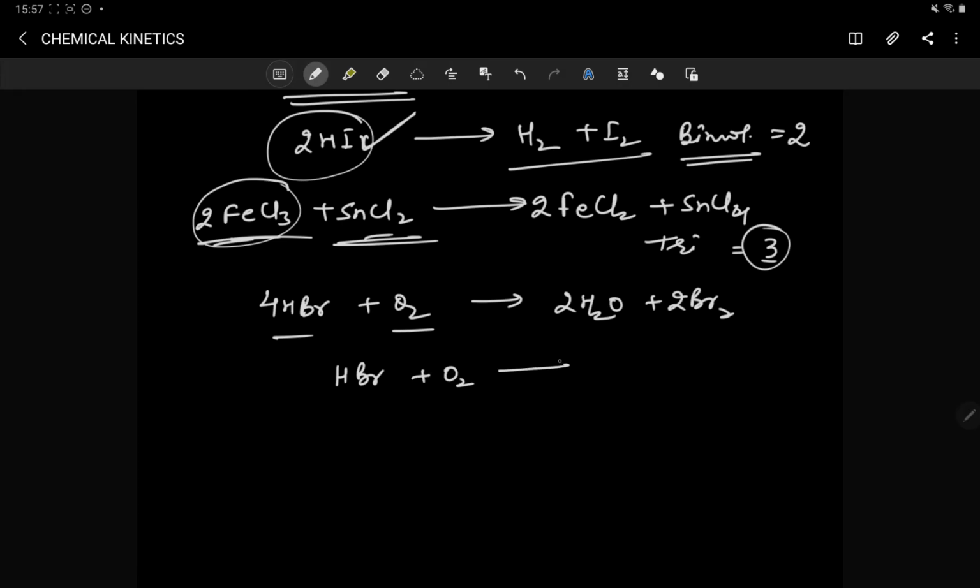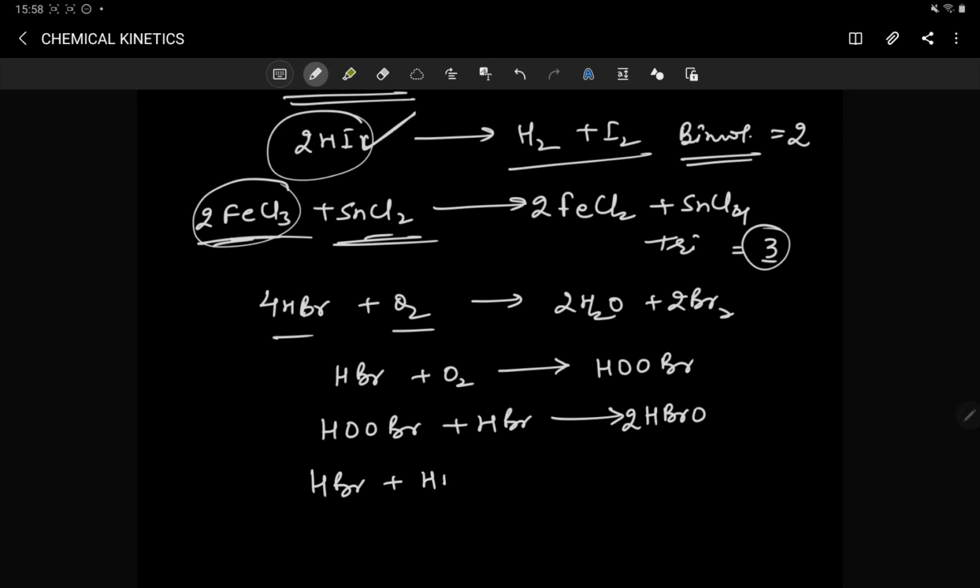First step: HBr plus O2 gives HOOBr. Then the second step: HOOBr plus HBr react with each other to give 2HBrO. Then HBr plus HBrO gives H2O plus Br2.